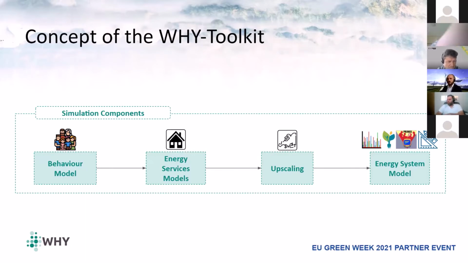All this behavioral information will be fed into an energy service model, which basically transfers behavior into energy consumption. For that purpose, we will create different mathematical and technical models of different appliances within the household or from a single appliance level, from washing machine, electric vehicles on the consumption side, but also storages and also generation capacities.